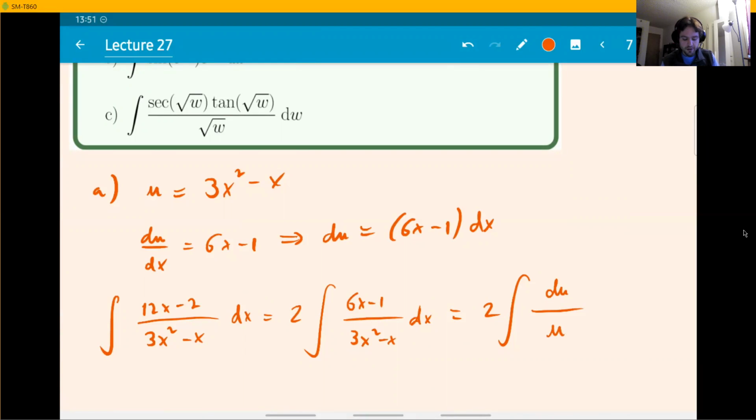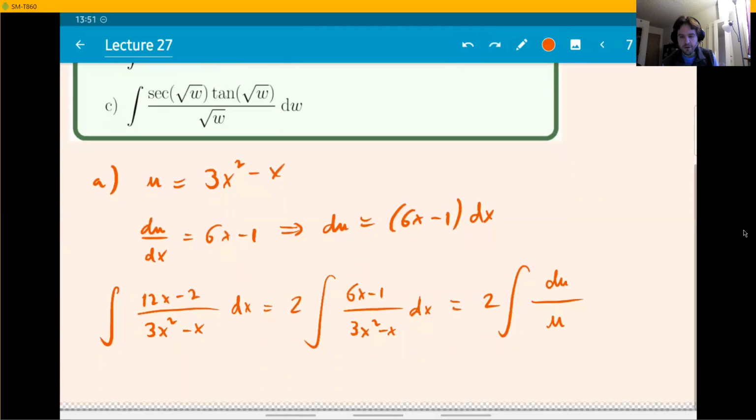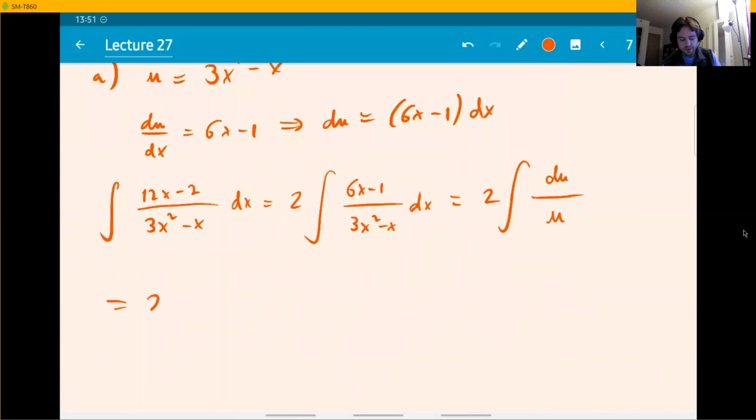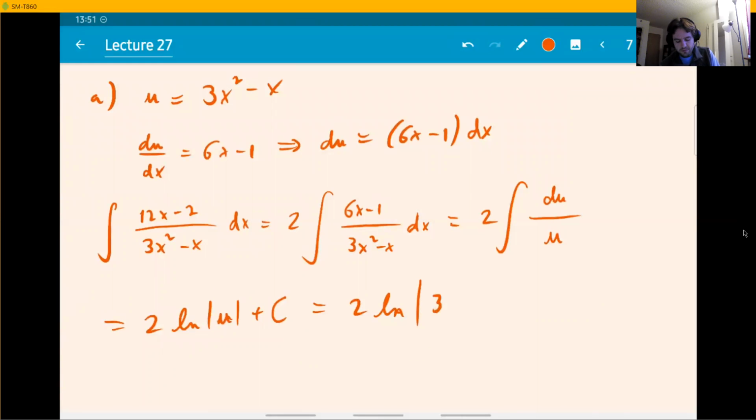It was already there. This 2 was already part of the original. But we decided to factor it because what's left is the helpful term for the du. And now you're done. Now you just do this integral to ln u, where u was equal to 3x squared minus x. That's the answer to item A.